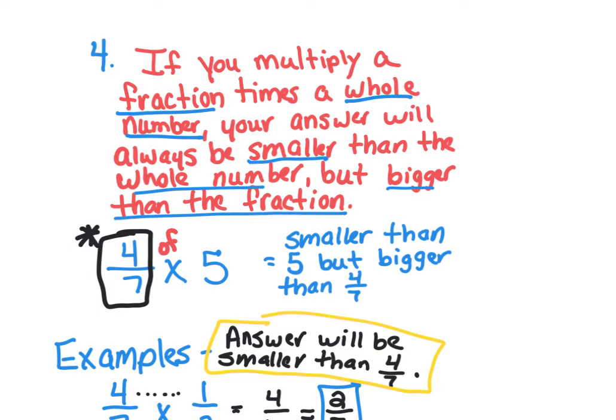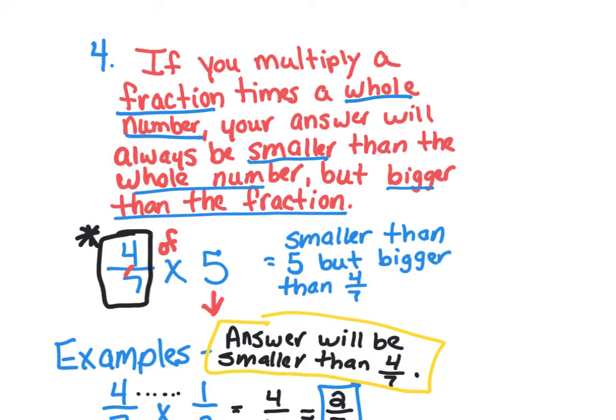So if you have 5 wholes, you want 4/7 of those 5 because you don't have a fraction over here. 5 is a whole number, so you have 5 whole pieces of gum, but you want 4/7 of those pieces of gum. So the gum amount that you have is definitely going to get smaller, so you will no longer have 5. But your answer will still be larger than 4/7 because you want 4/7 5 times. So not only will you have 4/7 once, you're going to have it 5 separate times.